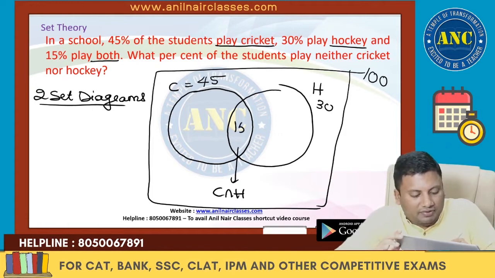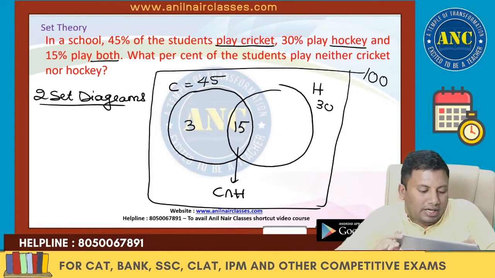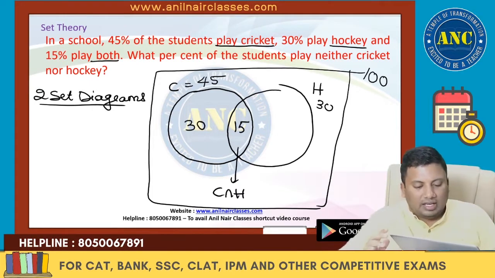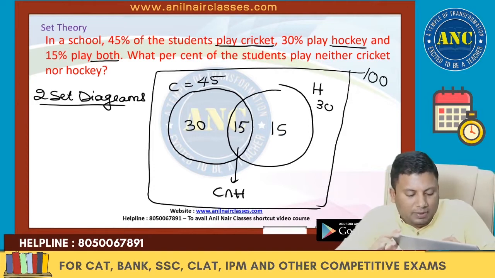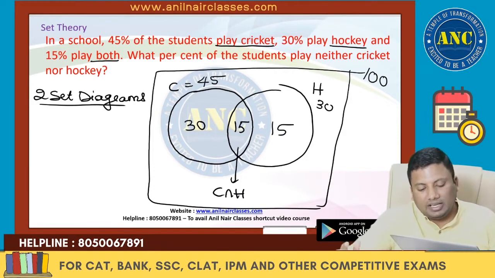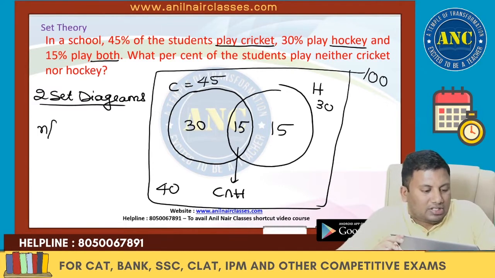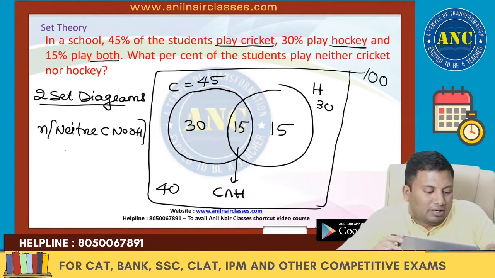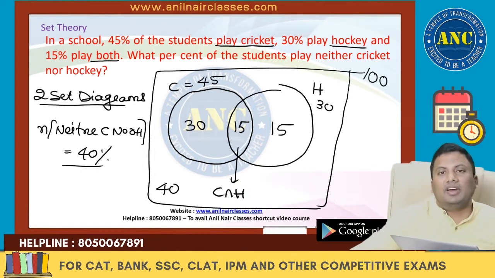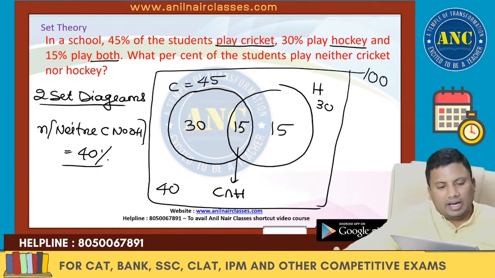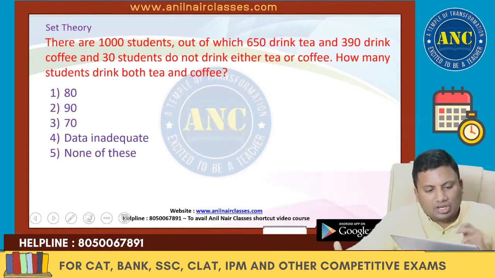So only cricket will be 30, both 15, and only hockey 15. 30 plus 30 is 60, so this will be 40. The percentage of people who play neither cricket nor hockey is 40%. I hope the application is very, very easy. You don't need to draw diagrams. These are all foundation questions.